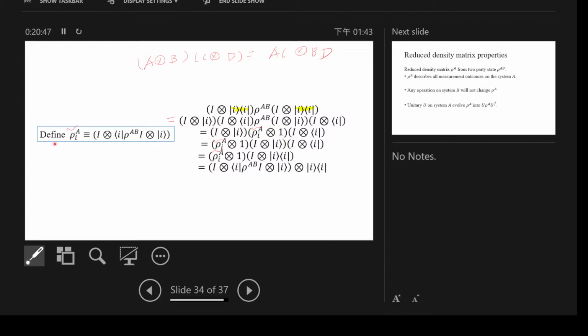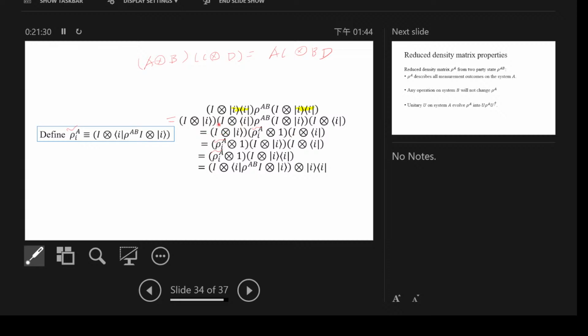And as we said, this thing is row AI tensor 1. I guess here we kind of overuse the notation of whether you tensor 1 or not, but I guess it's okay. And anyway, in the middle part, it becomes row AI tilde. And then we still have these two vectors left behind: identity tensor |i⟩ and identity tensor ⟨i|.